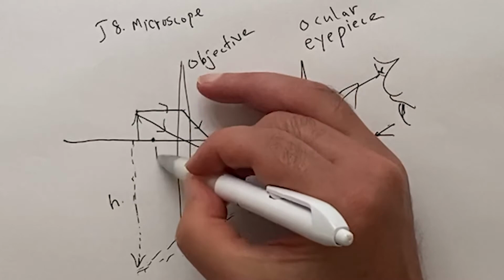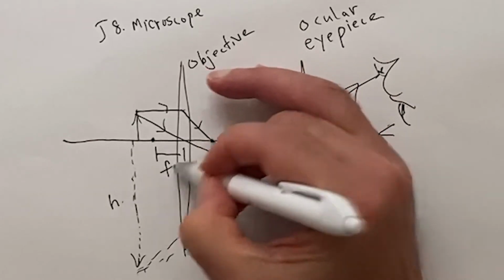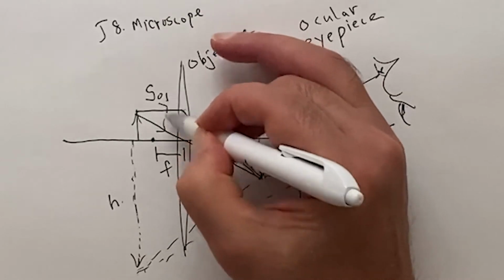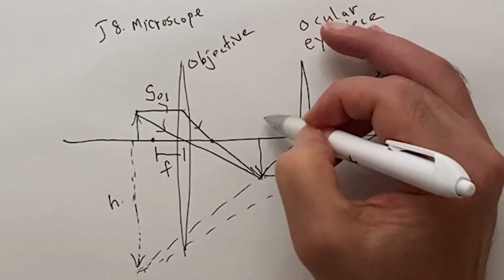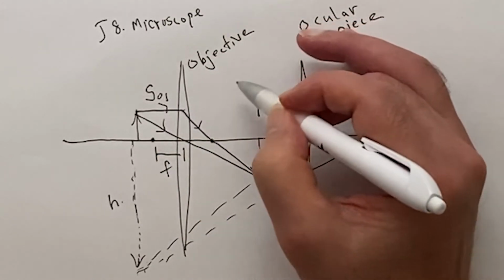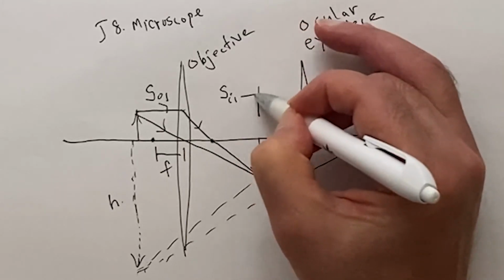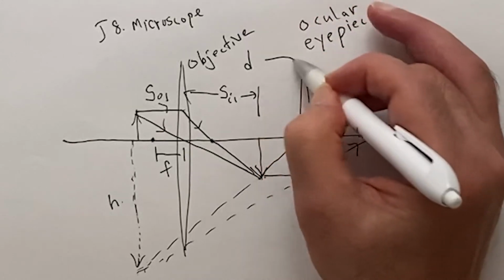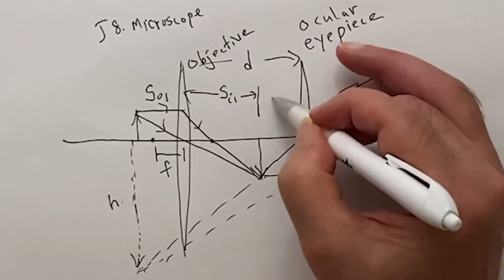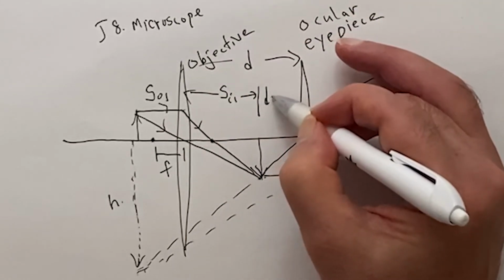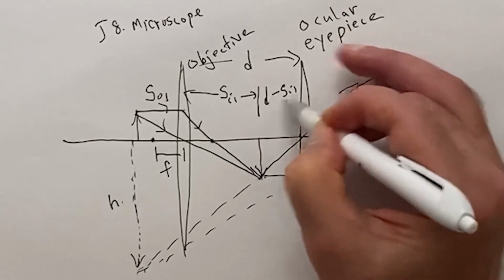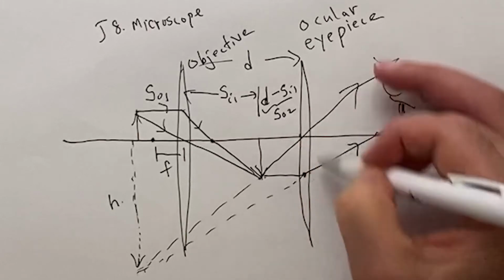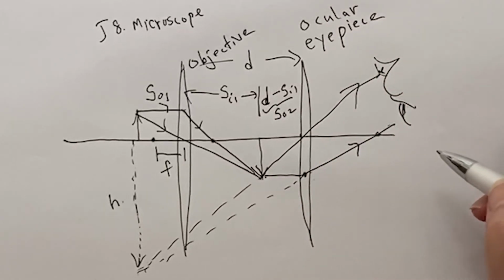So you can label things here. This is F. This is the object distance 1, because you have two lenses. This is going to get you your image distance 1. Then you have the old trick where you have your D, your distance. This is going to be D minus SI1. That becomes the object distance for the second optical element.